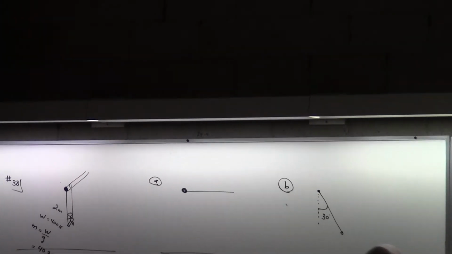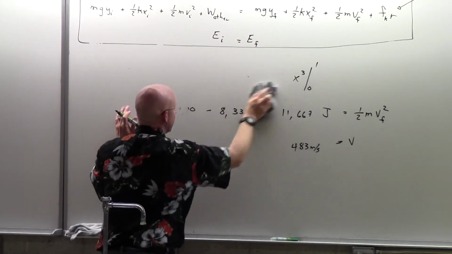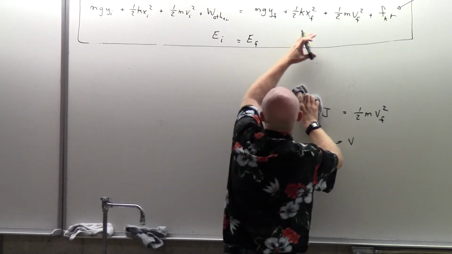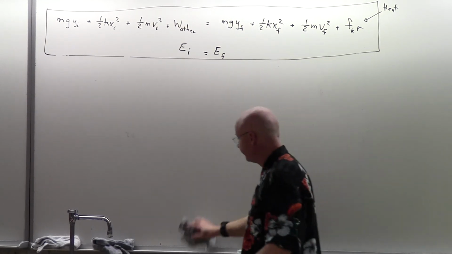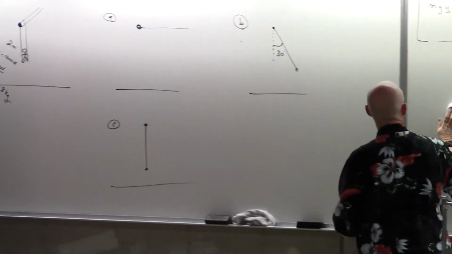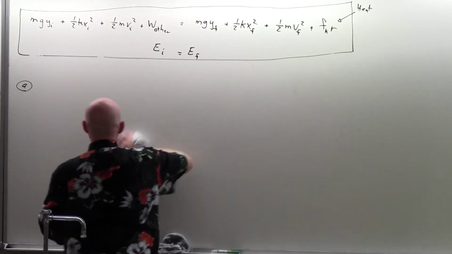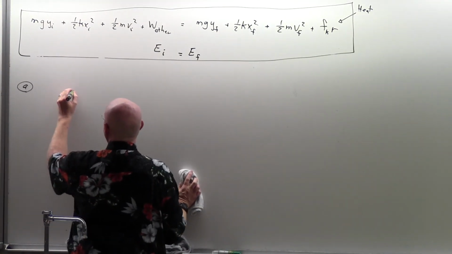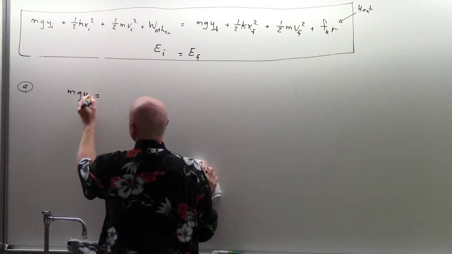Well, I'll start with the question they asked. They said, what is the gravitational potential energy? Now, which of these terms is gravitational potential energy? Yeah, the mgy. Okay, so let's do A first. What they're really saying is find mgy. And I haven't been really using a symbol.